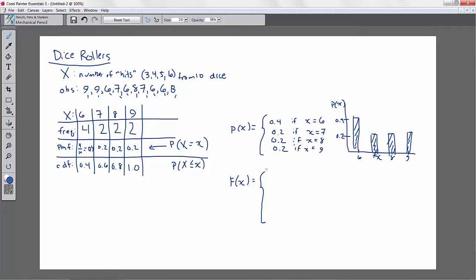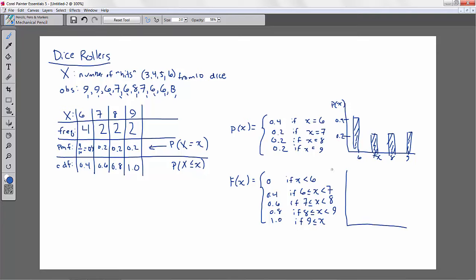The equation takes on a value of 0 if x is less than 6, which is our first observation, takes on a value of 0.4 if 6 is less than or equal to x is less than 7, takes on a value of 0.6 if 7 is less than or equal to x less than 8, and it takes on a value of 0.8 if 8 is less than or equal to x less than 9, and it takes on a value of 1 if 9 is less than or equal to x, or x is greater than or equal to 9.